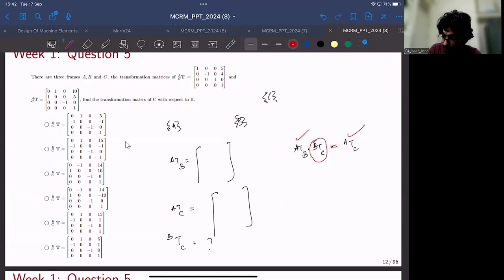So BTC would be ATB inverse ATC. In this question, it is post multiplication, right? If you have a transformation from A to B, and if you also have a transformation from B to C, so A to C would be successive multiplication of A to B and B to C.